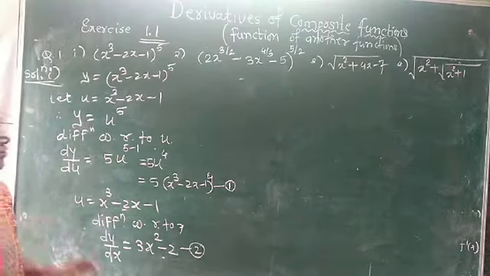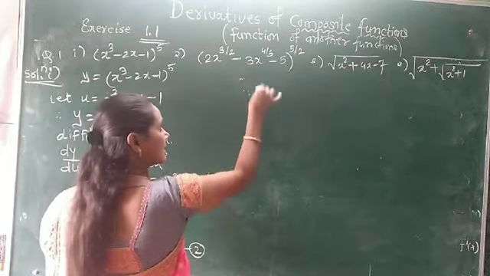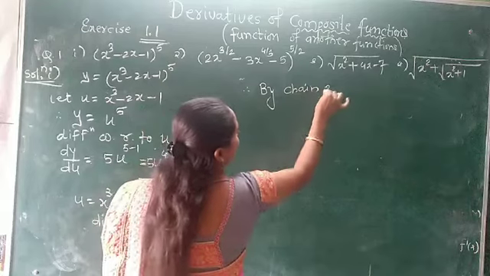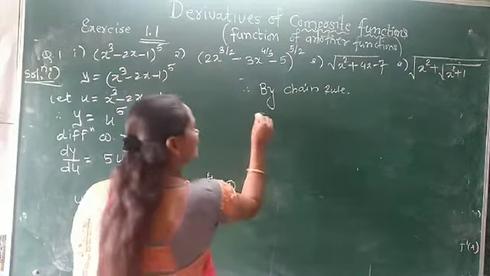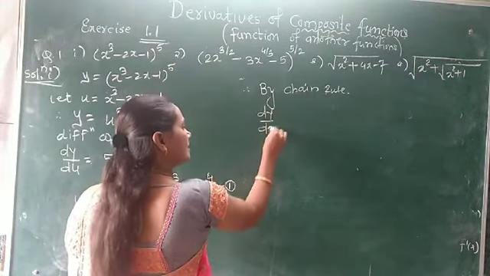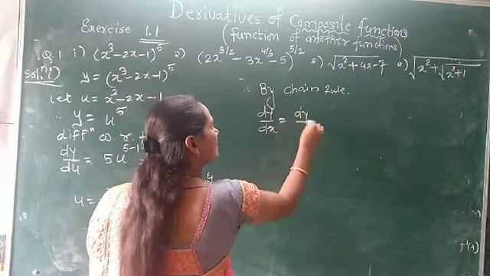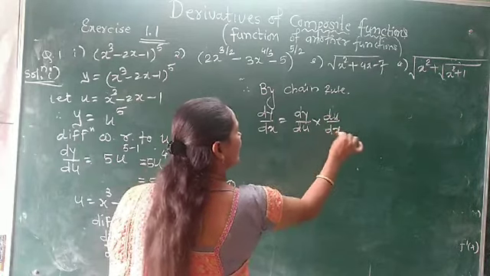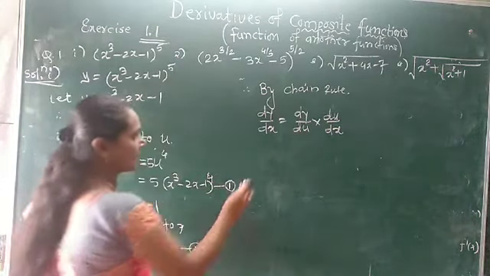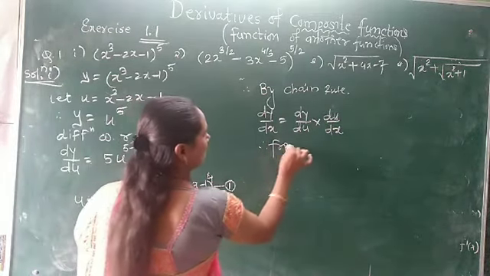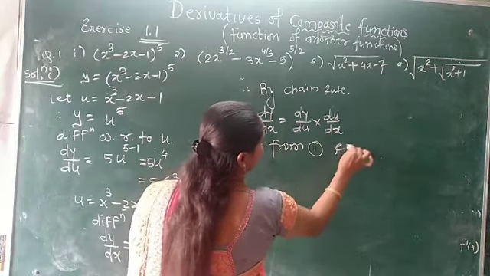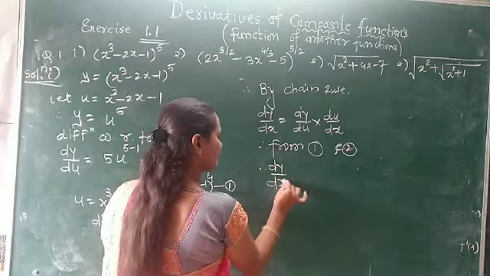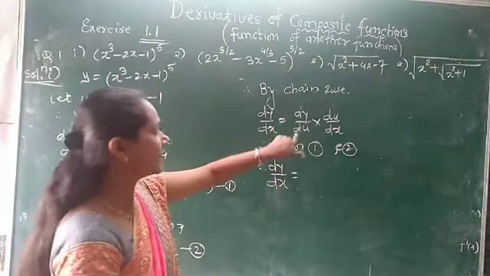So by using the chain rule we studied in the last theorem, what is the chain rule? dy upon dx is equal to dy upon du into du upon dx. So from 1 and 2, dy upon dx is equal to, the first term is dy upon du.